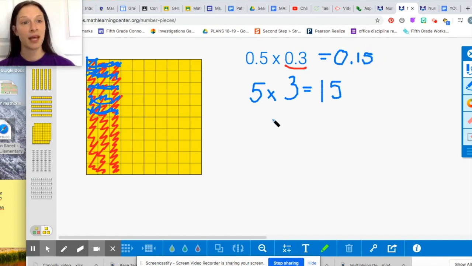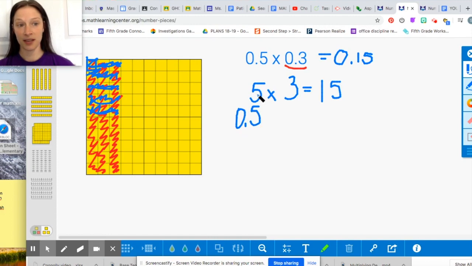All right, let's think about how much smaller each factor got. I see when I have 5, when I thought about it as whole numbers, 5 and 3, I'm going to think about the change from this factor to here and this factor to here. Well, when I go from 5 to 5/10, I know that 5/10 got 10 times smaller than this.